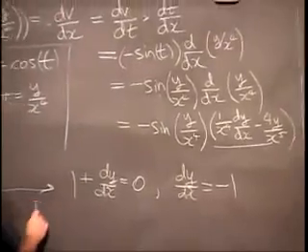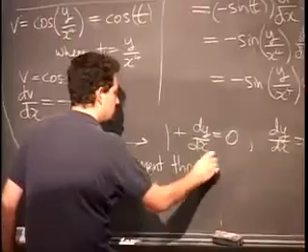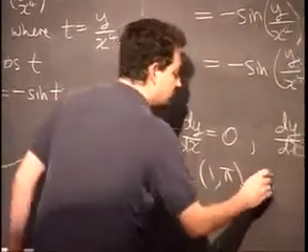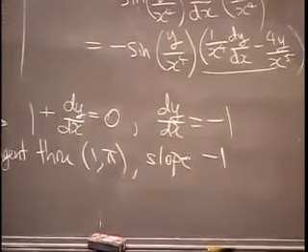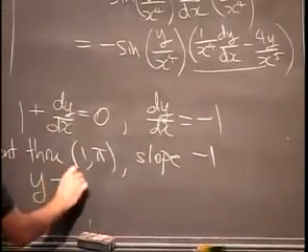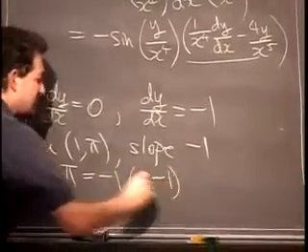The tangent goes through 1, pi, has slope minus 1, so we can just write down its equation as y minus pi is equal to minus 1 times x minus 1.